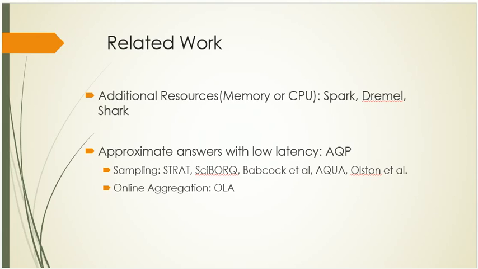Another line of work has focused on providing approximate answers with low latency, particularly in database systems. Approximate query processing for decision support in relational databases has been the subject of intensive research and can either use samples or other non-sampling based approaches.